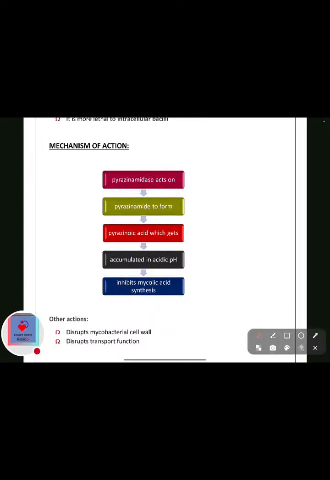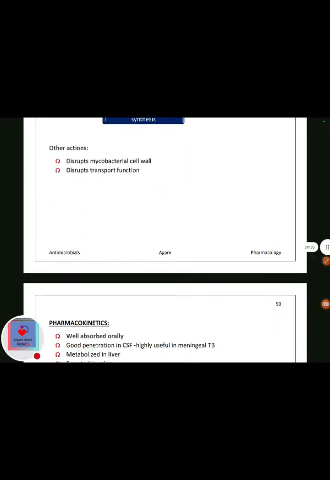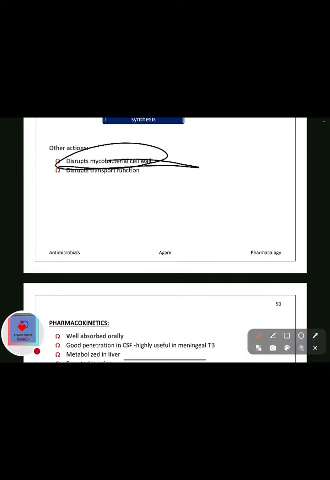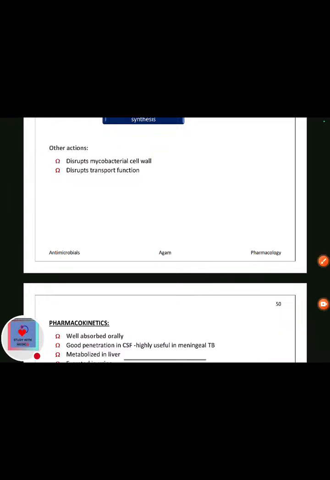Talking about other actions, it disrupts the mycobacterial cell wall, and it disrupts the transport function.